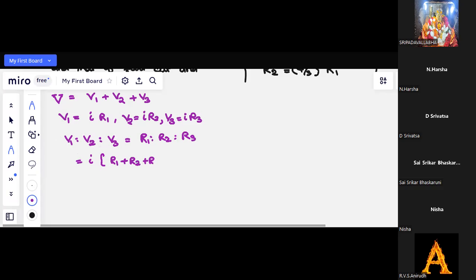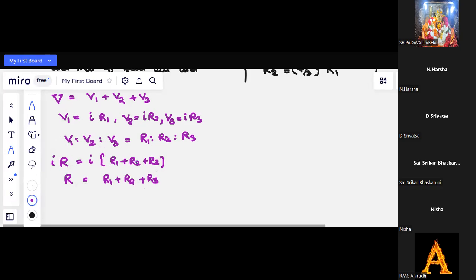That is equal to I times the total resistance across the combination. The current is the same. What is the total resistance across that combination? That is what we are going to find out. So R equals R1 plus R2 plus R3. We already discussed it.